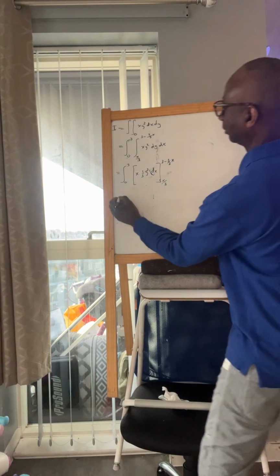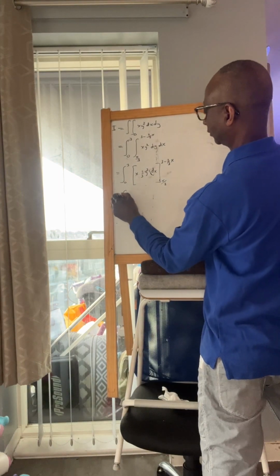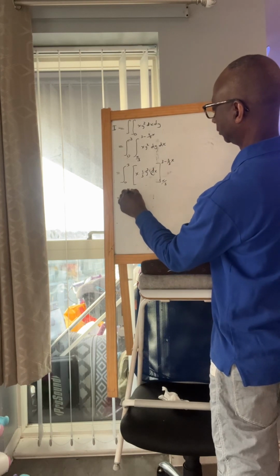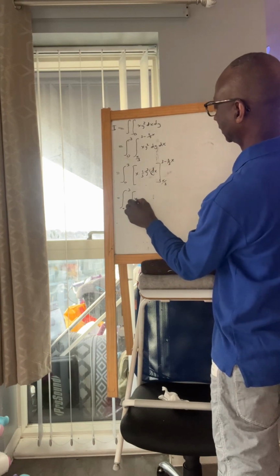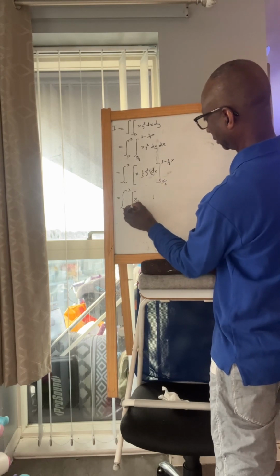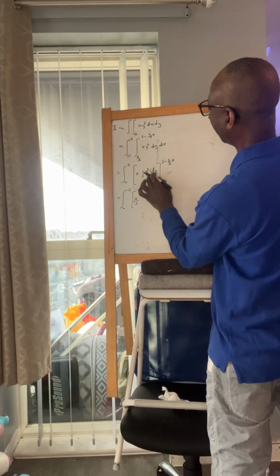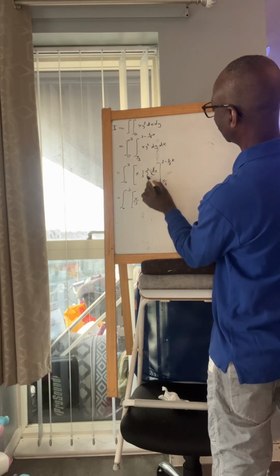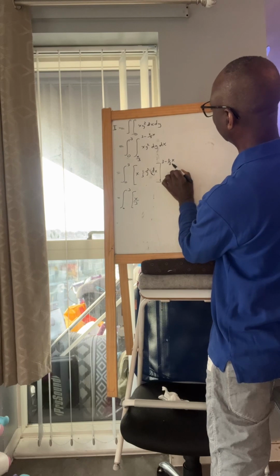So we'll move on. 0, 3, x times, I'll just bring this 3 here. So y, this is y cubed, yeah? So y cubed, you now put this.